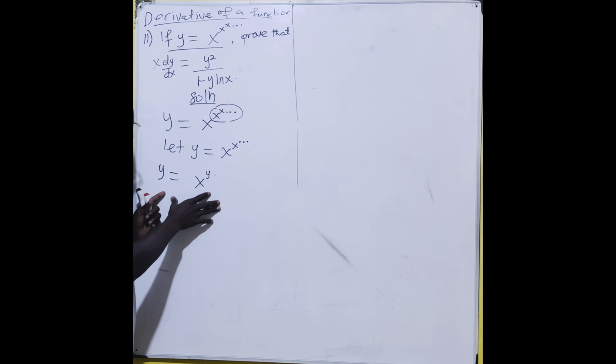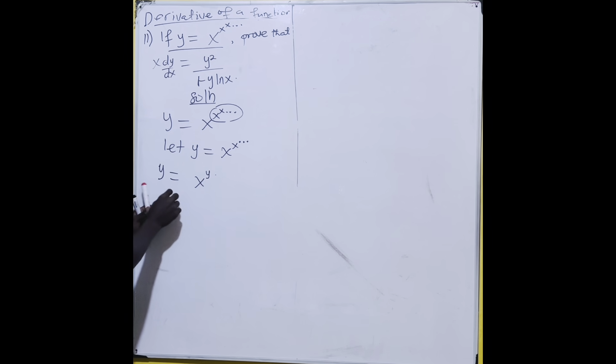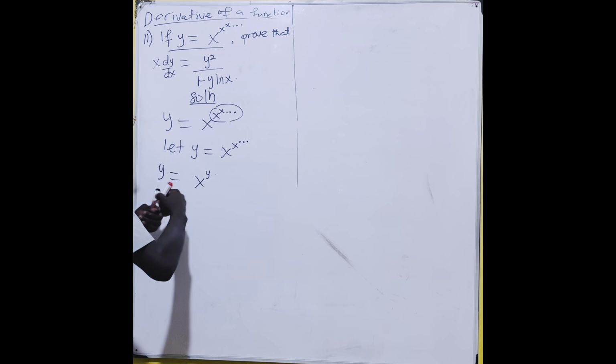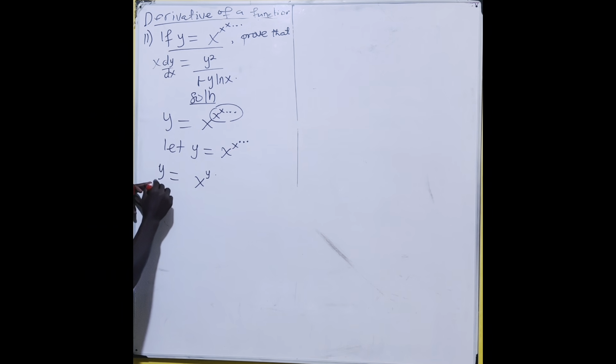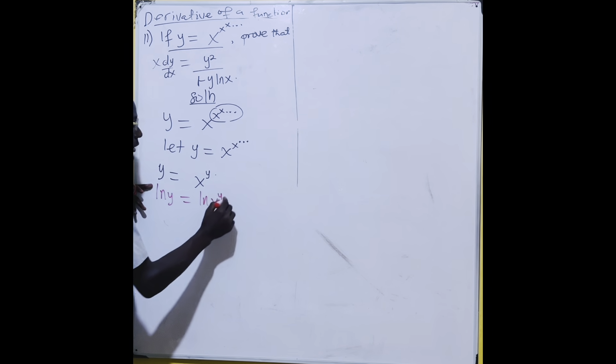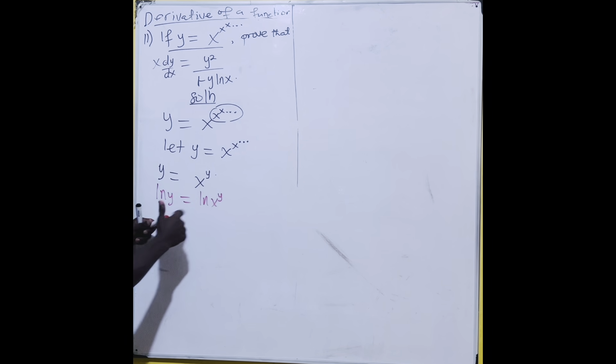So before we can solve this, from the beginning of the lesson, we learned that if you have any non-exponential function, then you have to introduce ln to both sides. So introducing ln to both sides, we have ln y equals ln x to the y. From here, we use the log properties.